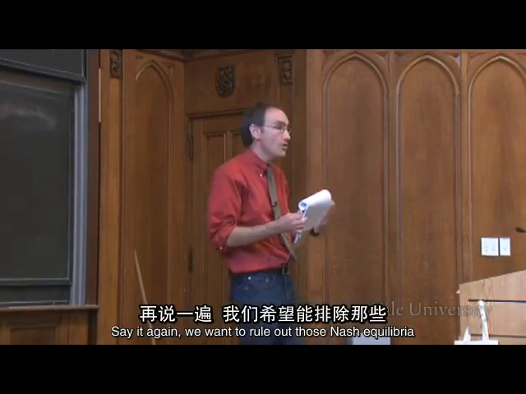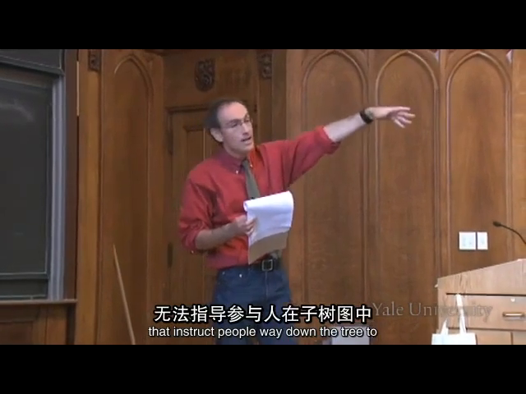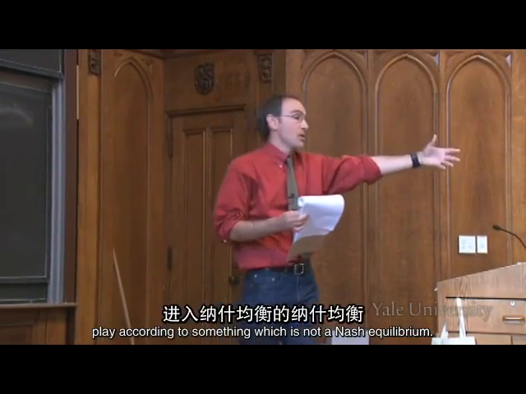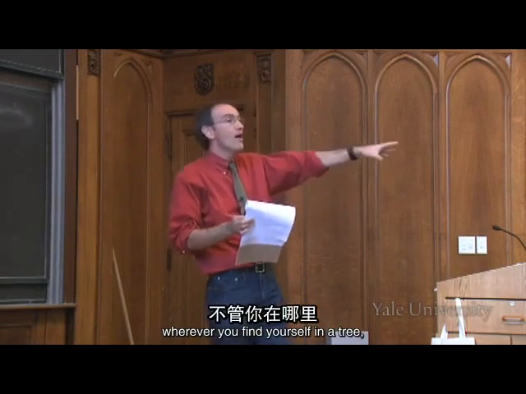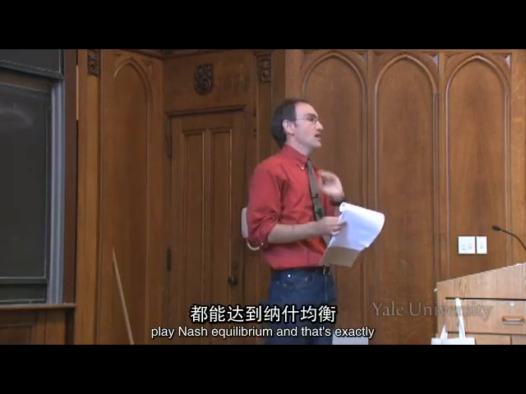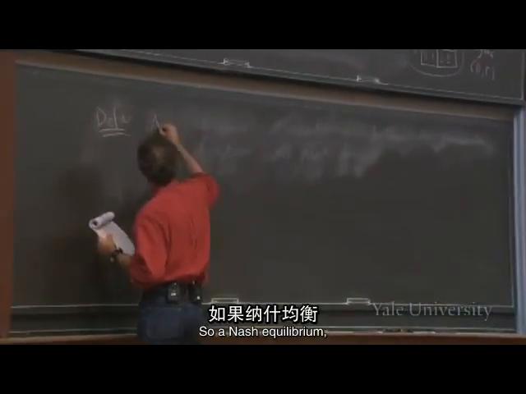Say it again. We want to rule out those Nash equilibria that instruct people way down the tree to play according to something which is not a Nash equilibrium. We want our new notion to say, wherever you find yourself in a tree, play Nash equilibrium. And that's exactly what the definition is going to say.